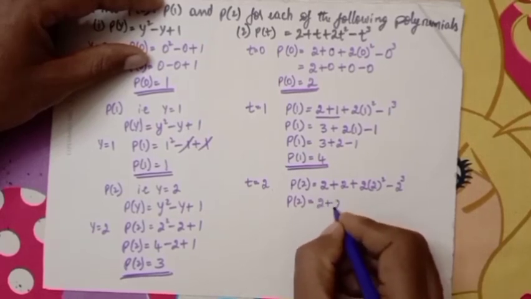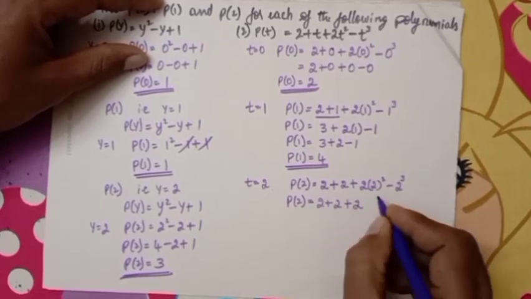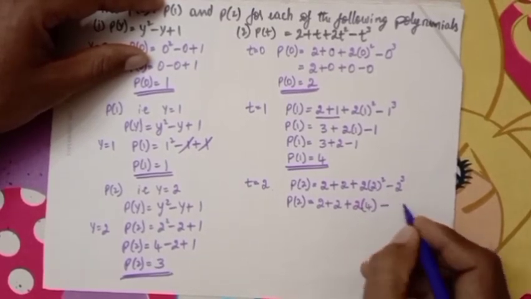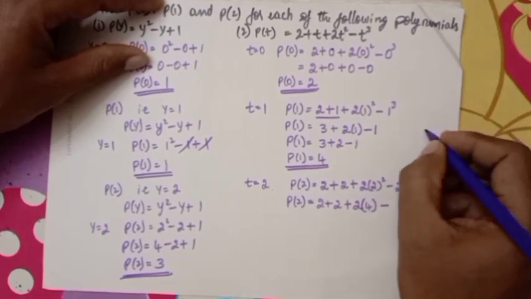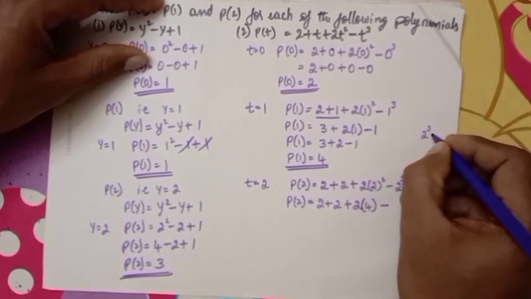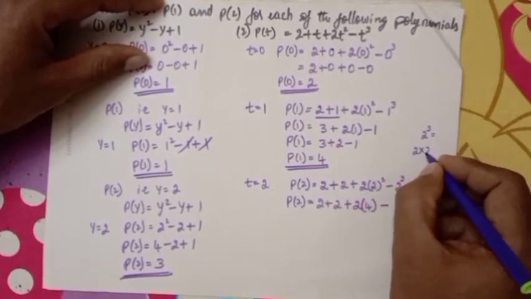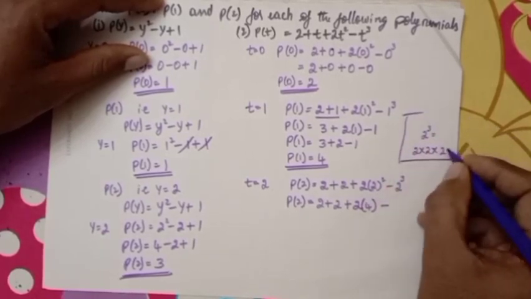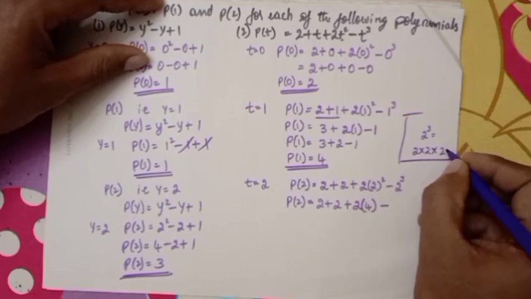Here P of 2 is equal to 2 plus 2 plus 2 into 2 square. 2 square is 4 minus 2 cube. 2 cube can be written as 2 into 2 into 2, which is equal to 8.